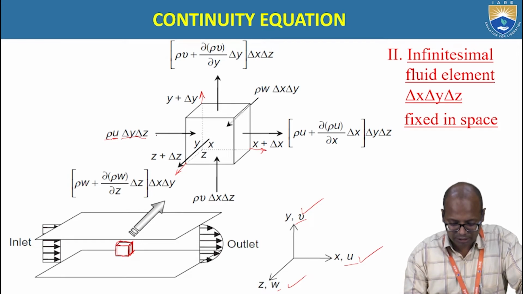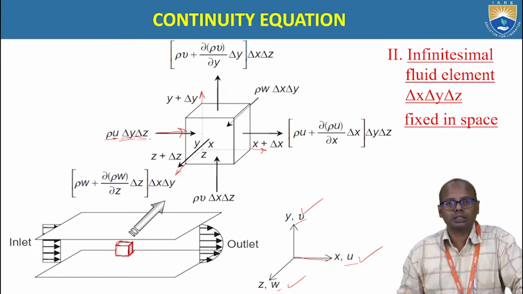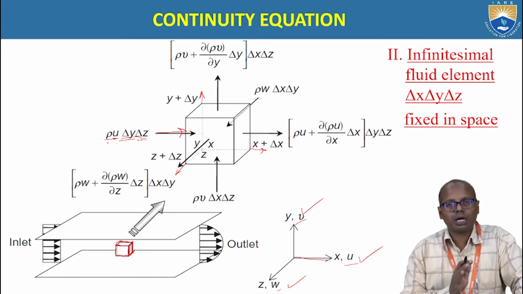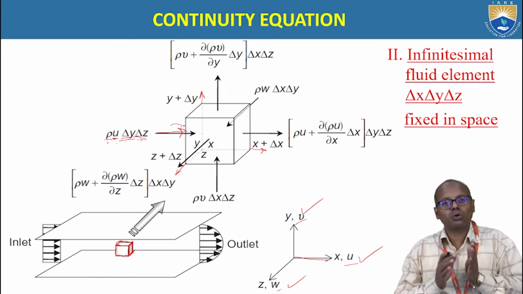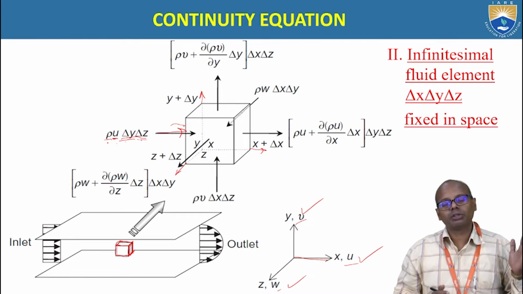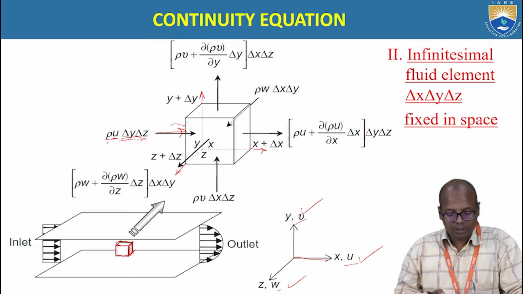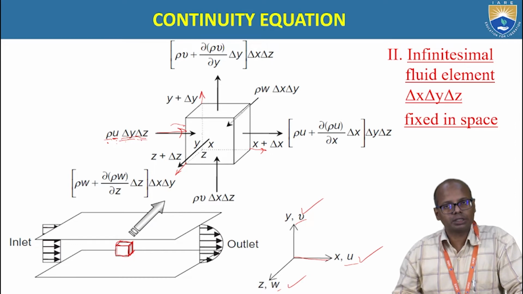This is x direction. Normal to x is yz. So it is delta y delta z. Now rho u into delta y delta z will give the mass entering the left surface. Now is the density and velocity constant? No, there may be change in the velocity and density.